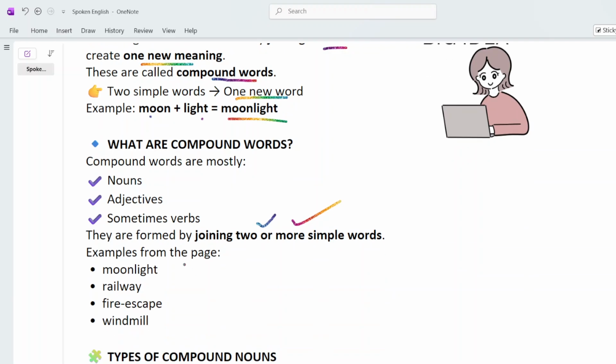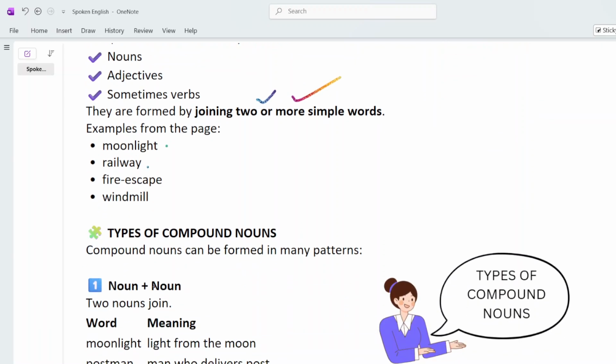For example, okay, moonlight, rail and way, great fire and escape, and wind along with mill. If you can see all these words, the ones that I'm highlighting here, trying to make a square, yes, perfect square.